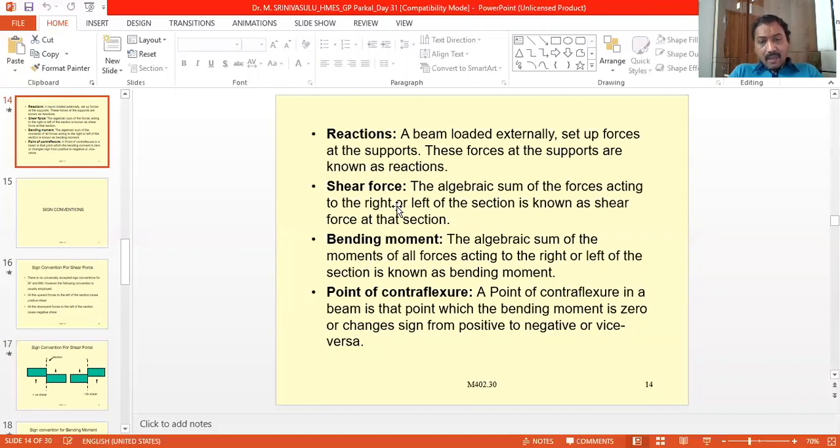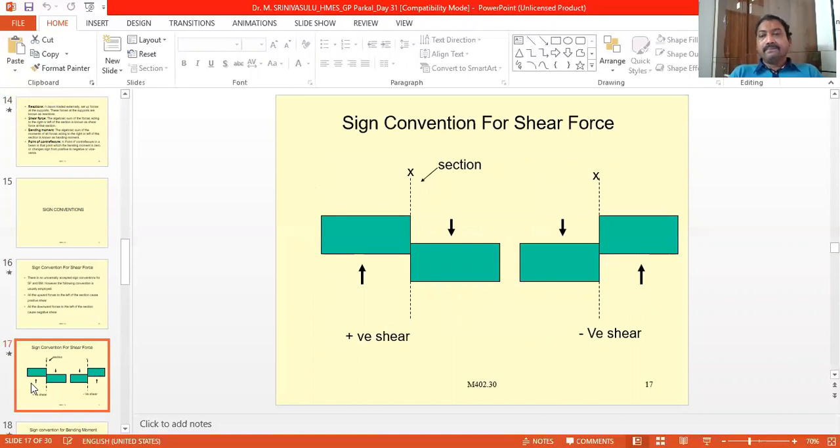So simply, the moment of the force is equal to force into distance. Here the bending moment is nothing but the moment of the force. Same thing: when there is a beam and loads are acting on the beam, we should consider a section. We can consider the section at any point.